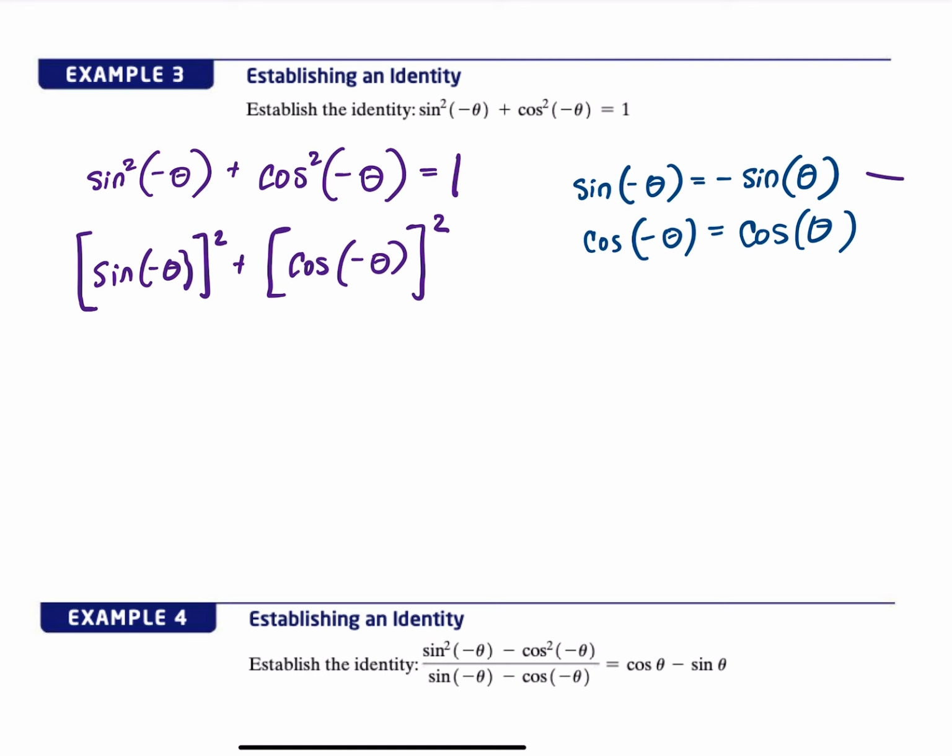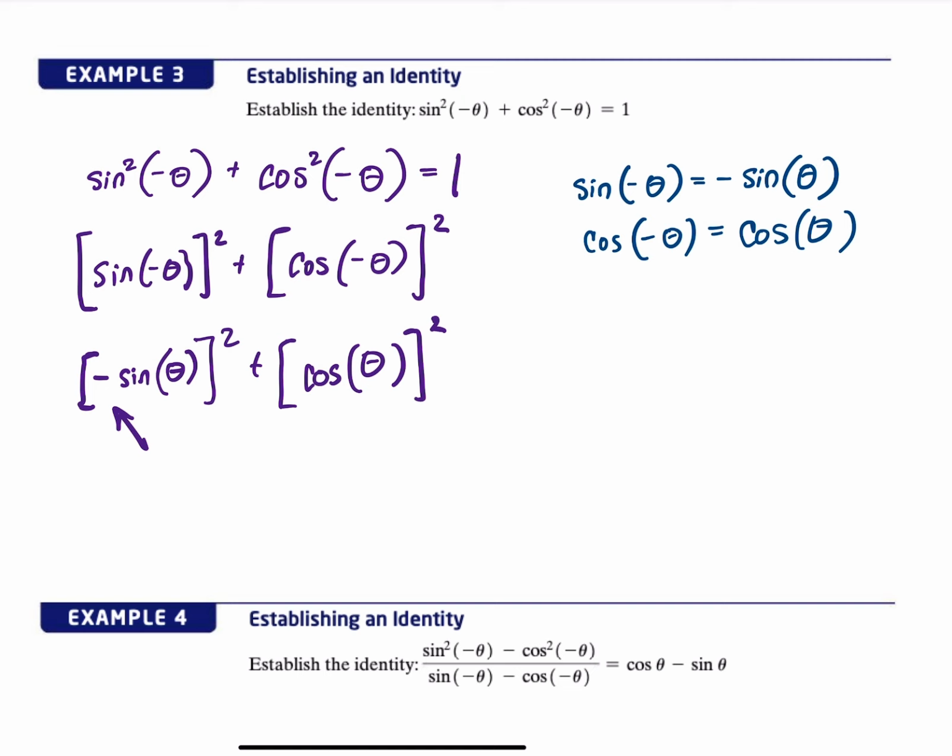So using this even-odd identity for the sine, we can pull out the negative. So this becomes negative sine of positive theta squared. And for the cosine, we said we can just disregard that negative. It has this property: the cosine of negative theta equals the cosine of theta. Well, if we apply the squared operation, it's going to cancel this negative.